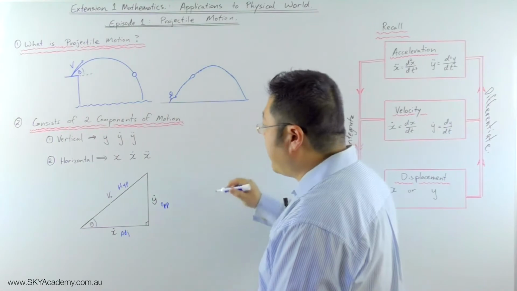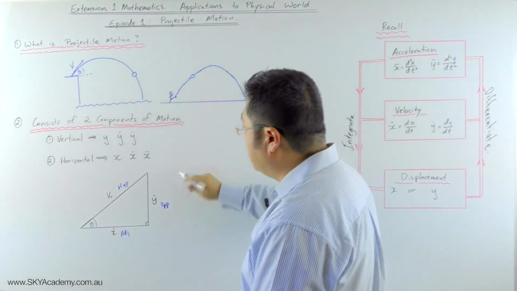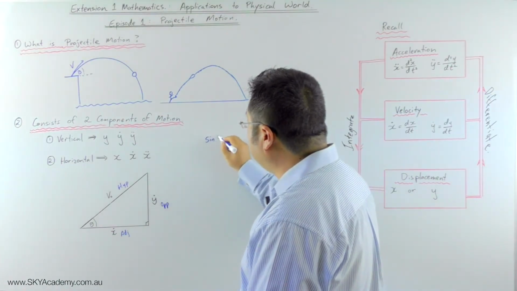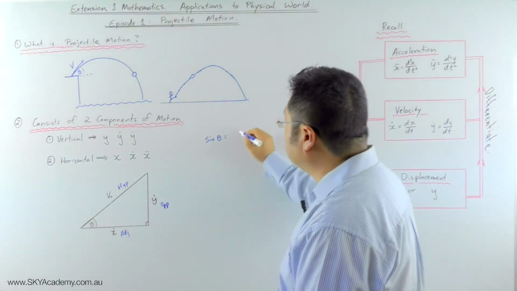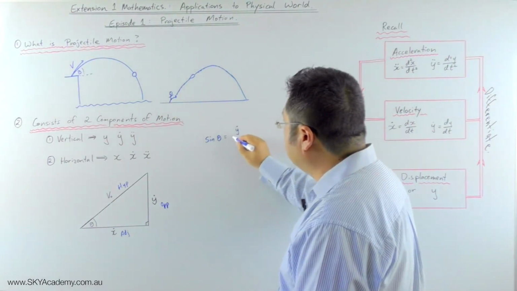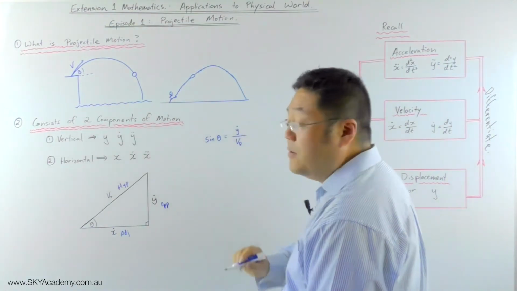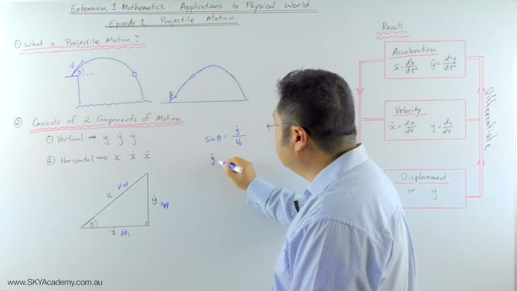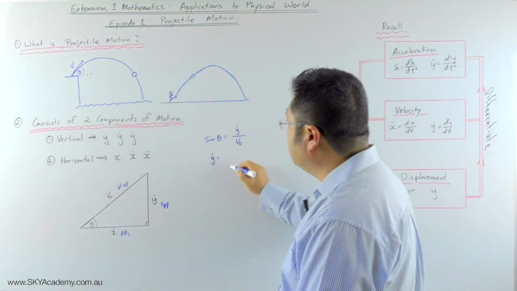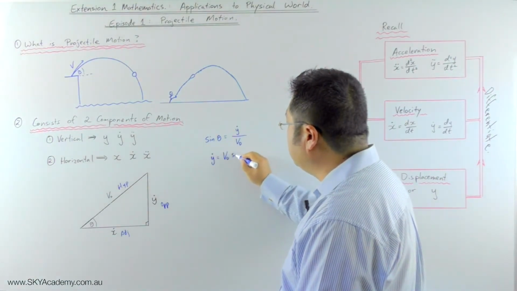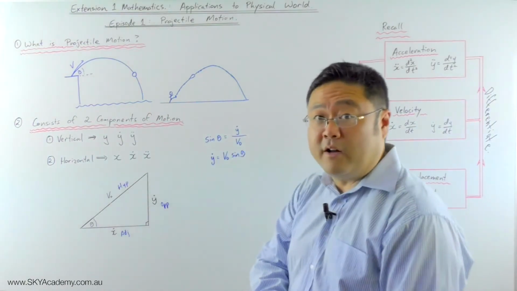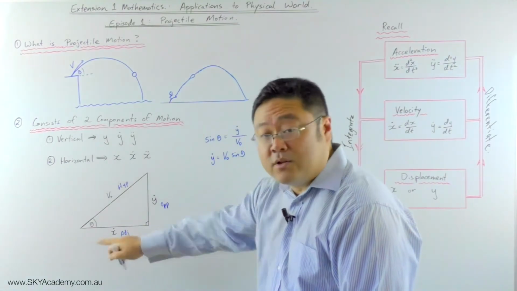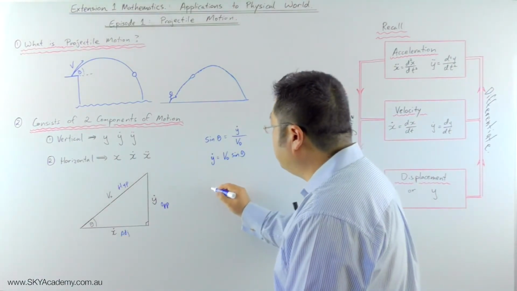Let's work this out. Opposite over hypotenuse is sine, so sine theta is equal to y dash over v0, which means that y dash is equal to v0 sine theta. What would the horizontal component be?